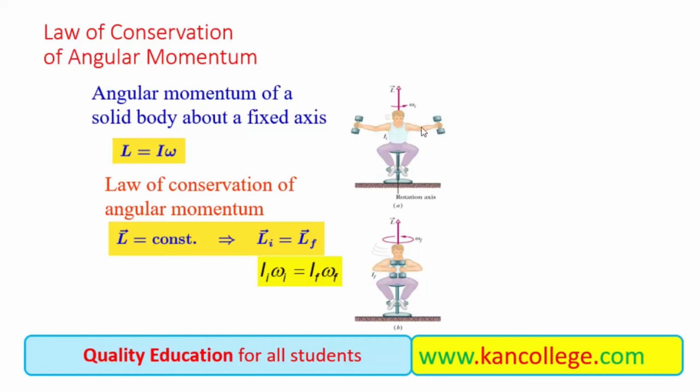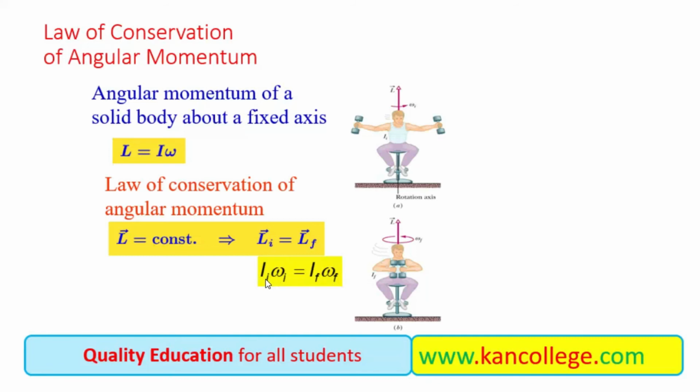Initially the radius was more and the mass is a fixed value, so the moment of inertia I1 is more. But as he suddenly squeezes his arms, the radius decreases, and the moment of inertia I2 or I final decreases. So the value of omega will increase.